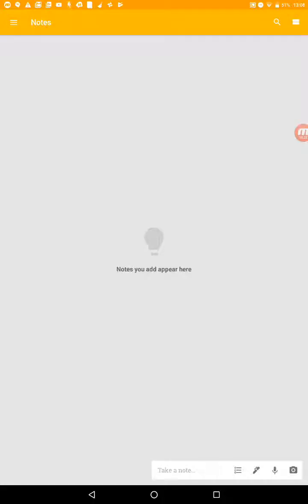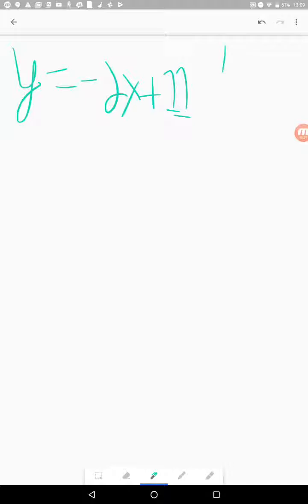Okay, so now let's say we had y equals -2x plus 11, perpendicular with the given point of, let's make it, -3, -5.